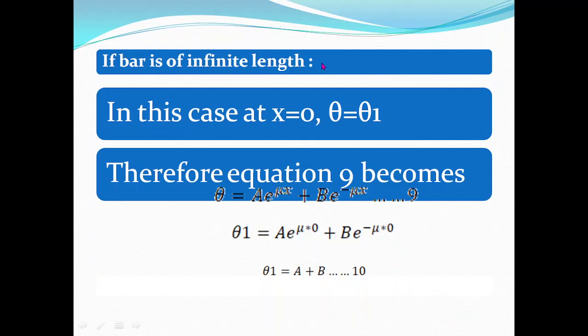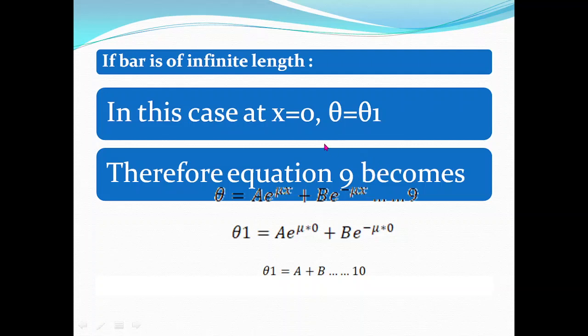If the bar is of infinite length, that is the first case. In this case, at x equal to 0, the first boundary condition, the temperature is maximum, denoted by theta 1.